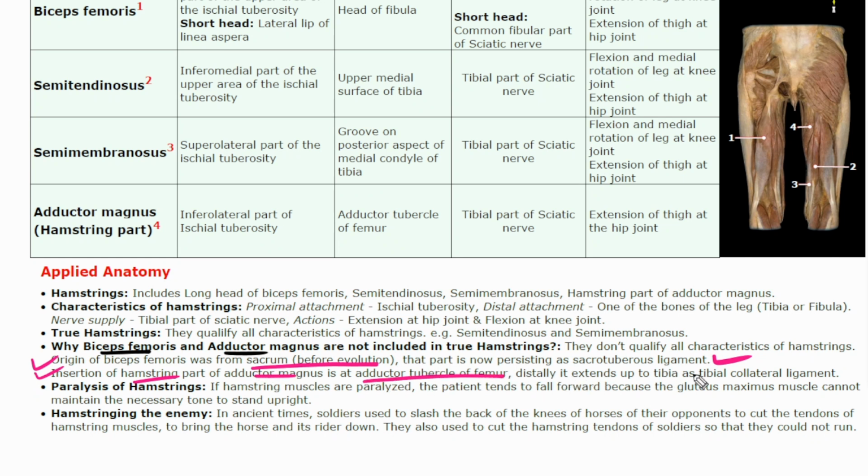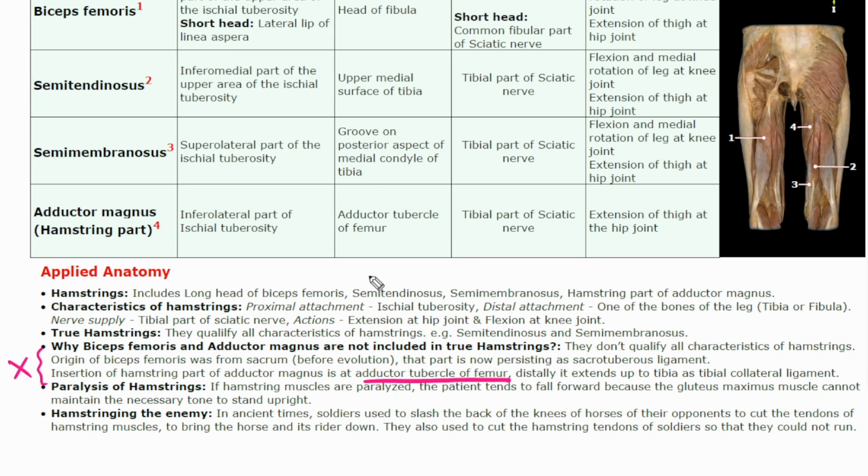That part is distally extending to the tibia as the tibial collateral ligament. Okay, so that is the reason it was included in the hamstrings, but its actual attachment, which is seen here, is the adductor tubercle of the femur.